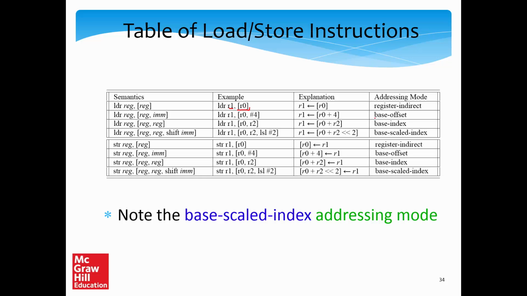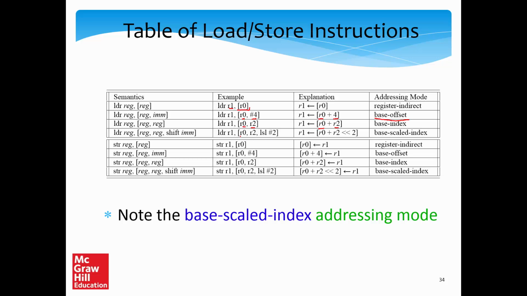We have a base offset mode, where the base register and the offset are provided. So we take the contents of the base register, add 4, and save it in R1. Similarly, we have a base index mode which has R0 and R2. We just add the contents of R0 and R2, access memory, and save the bytes in R1.